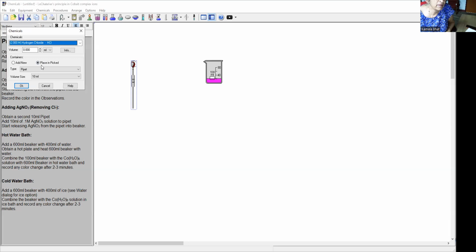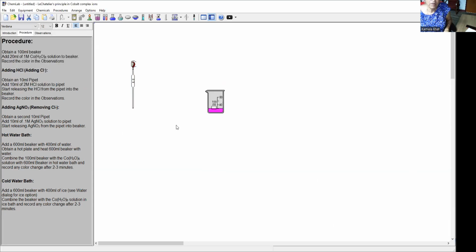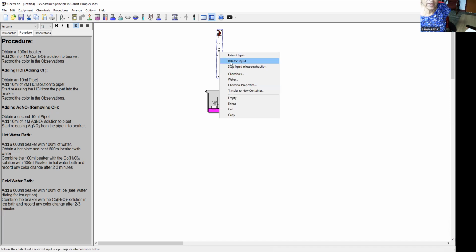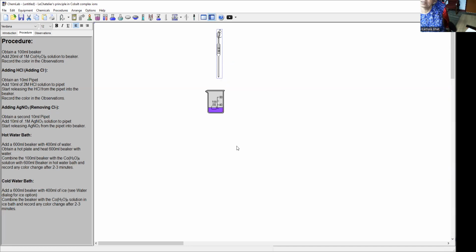You add hydrochloric acid, and you need 10 mL of that, and say okay, so now the pipette has 10 mL. Then add 10 mL of 2 M HCl to the pipette, and start releasing from the pipette into the beaker. So you say release the liquid, and then you see the color.